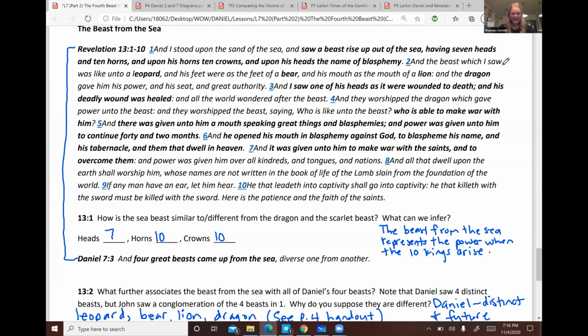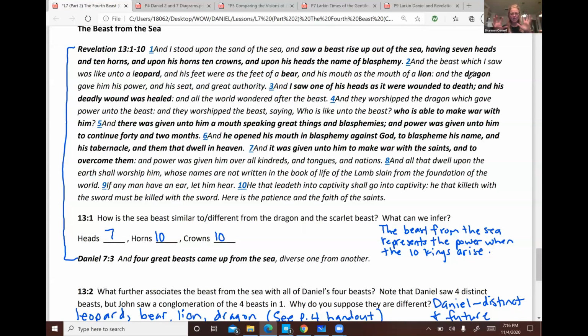has a body like the leopard, so it's going to be like the Greek Empire. It's got the feet of the bear to trample with. It's got the mouth of a lion to devour with. Okay, and there's a fourth beast there, and that is the dragon. The dragon gives this beast its power.